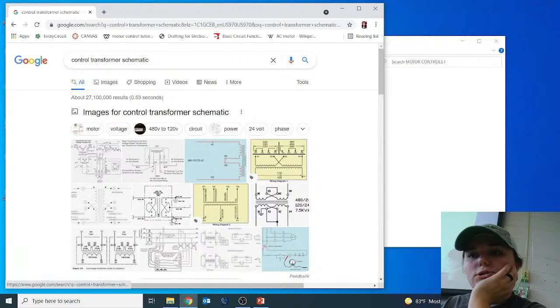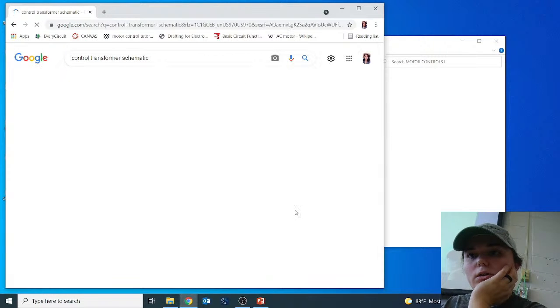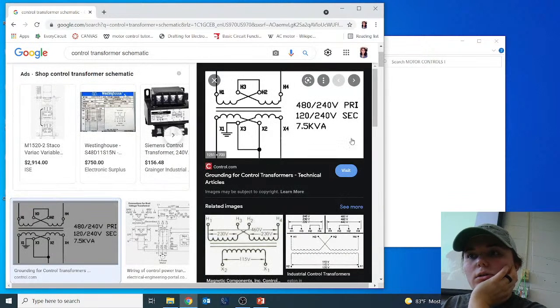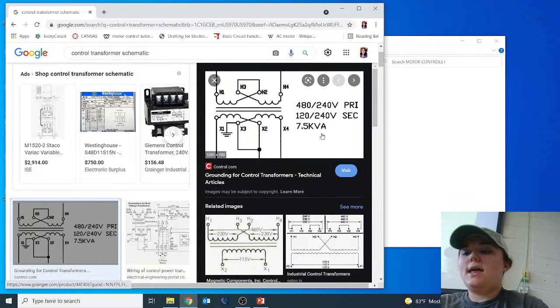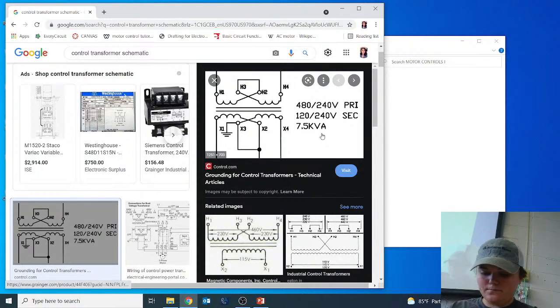All right, and I'll show you what it's talking about here. Cool. So, you see how they're crossed? That's the two primary coils, right? And so, if you wanted to bring that voltage down to 120 from a line voltage of 240, you would need to connect your coils in parallel.